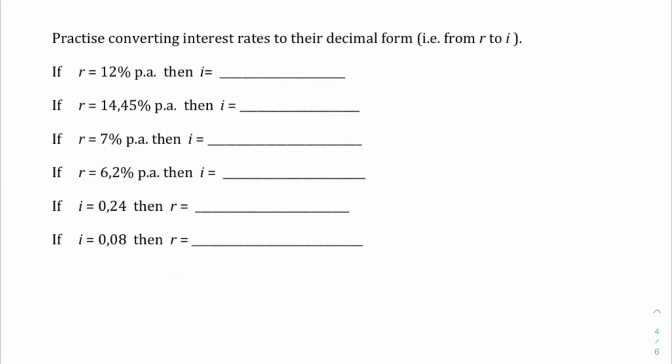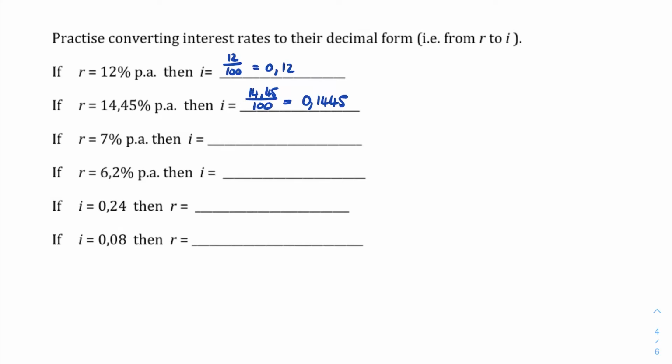Okay, let's quickly practice converting interest rates into their decimal form, from R to I, or a couple the other way, from I to R. If the rate was quoted as 12%, then the interest rate is going to be 12 out of 100, which we can write as a decimal as 0.12. If the rate was 14.45%, that's 14.45 over 100, which as a decimal is 0.1445.